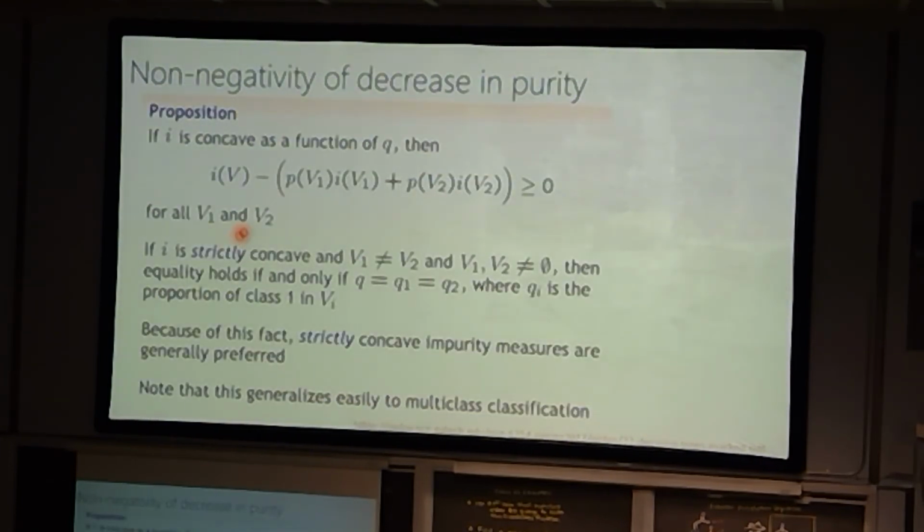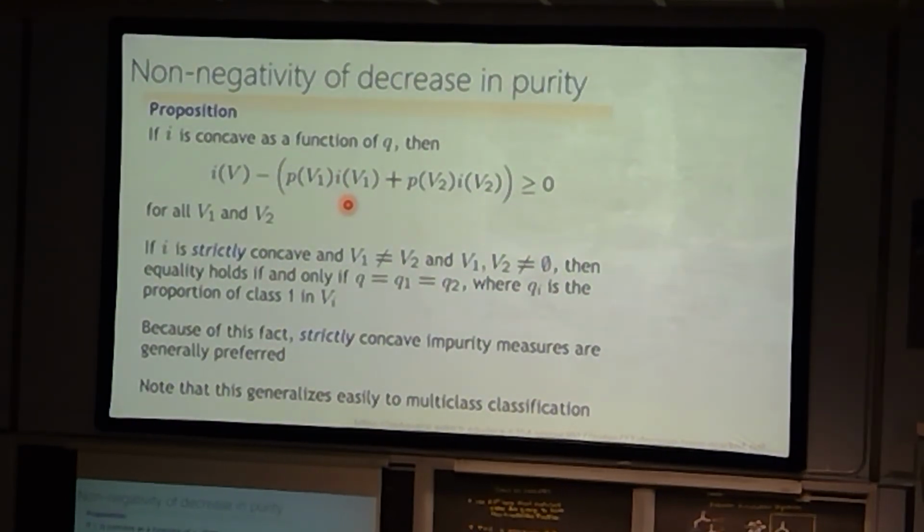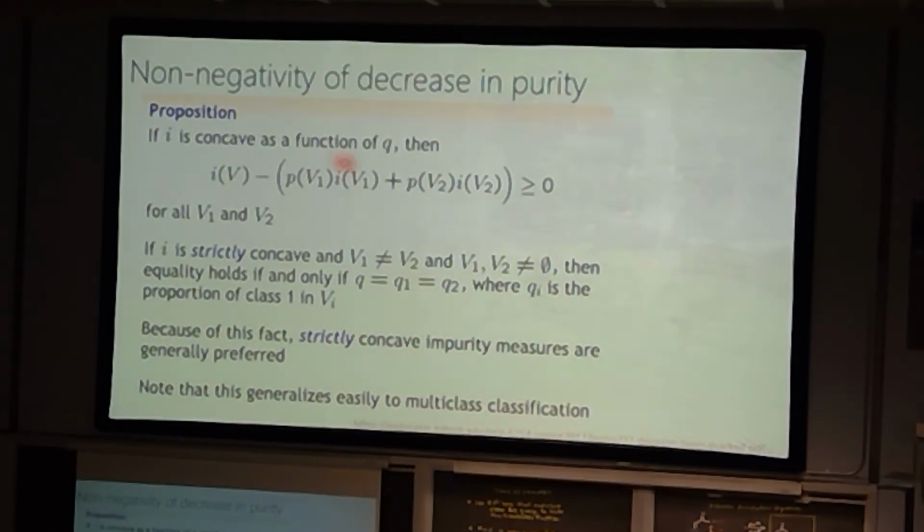But the main idea is that with these different functions like information gain and Gini impurity that you can plug in here, a property of them is that if they're concave, then the decrease in impurity is greater than or equal to 0.